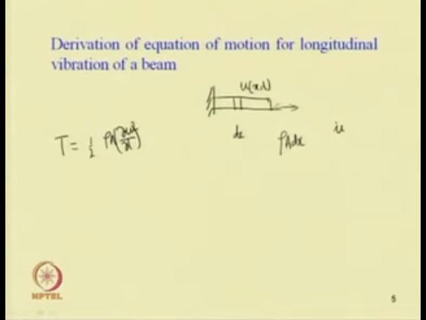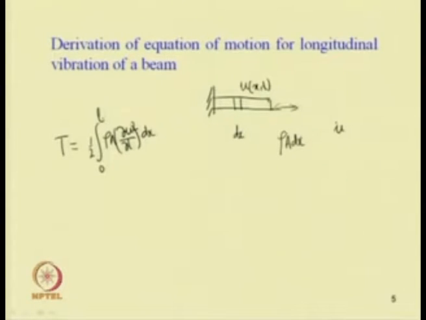For the small element the kinetic energy can be written as half rho A (del u by del t) whole square dx, and for the whole beam one can integrate that to find the kinetic energy. So the kinetic energy of the whole beam in longitudinal vibration can be written as half integral rho A (del u by del t) whole square dx.